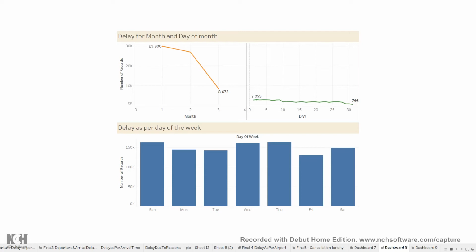This sheet compiles the total records by month, which is orange, and by day of the month, the green one, from left to right. We only have information from January to March, but can see that delay or cancellation records drop throughout from January to March.